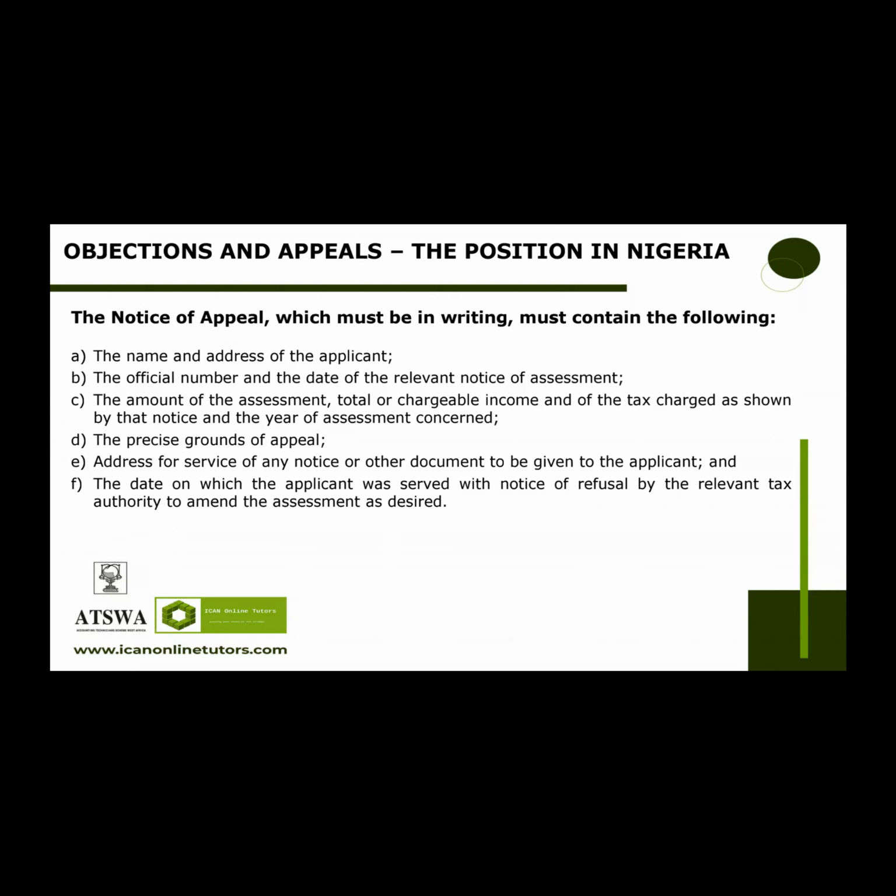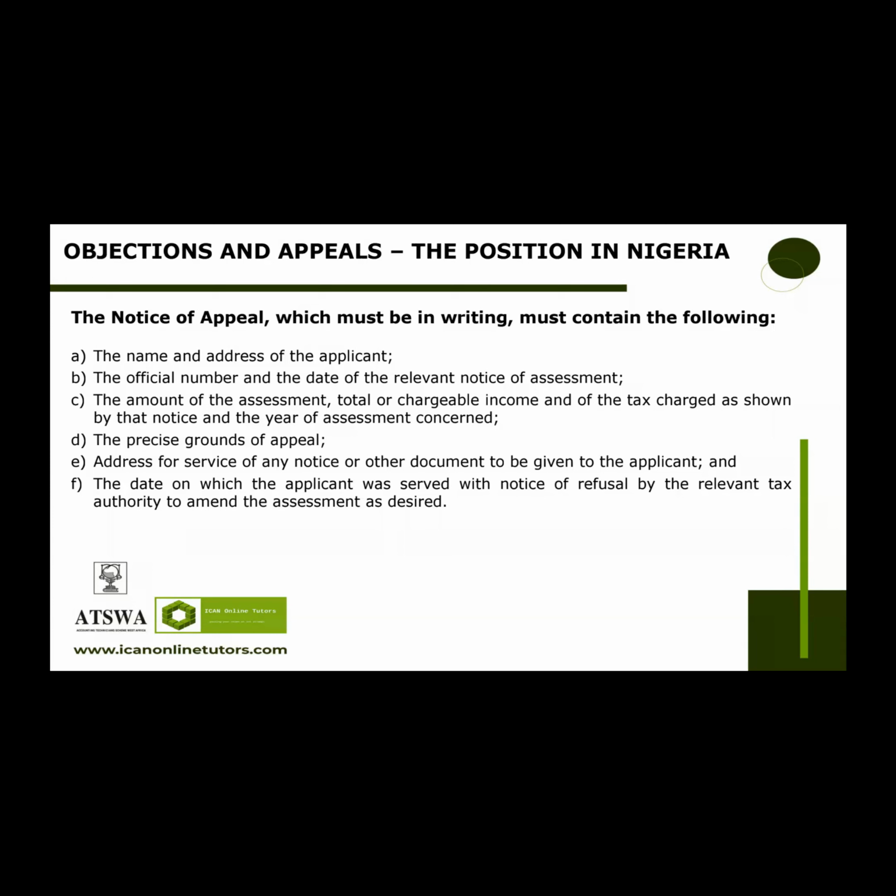The notice of appeal, which must be in writing, must contain the following: the name and address of the applicant, the official number and the date of the relevant notice of assessment, the amount of the assessment, total or chargeable income, and of the tax charged as shown by that notice and the year of assessment concerned, the precise grounds of appeal, address for service of any notice or other document to be given to the applicant, and the date on which the applicant was served with notice of refusal by the relevant tax authority to amend the assessment as desired.